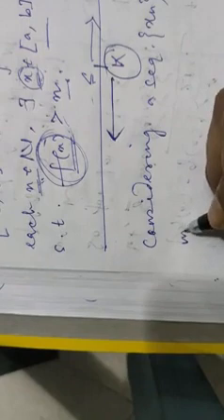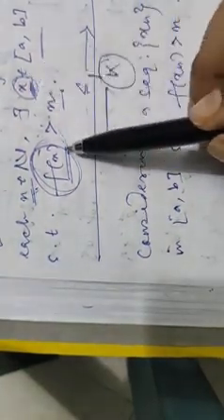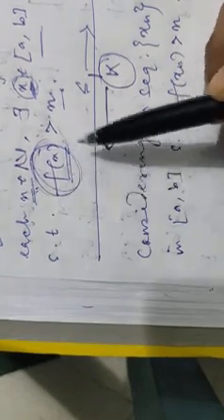Now we are considering a sequence x_n in [a, b] such that f(x_n) is greater than n. That means taking all such x's, we are naming the sequence x_n such that f(x_n) is greater than n.